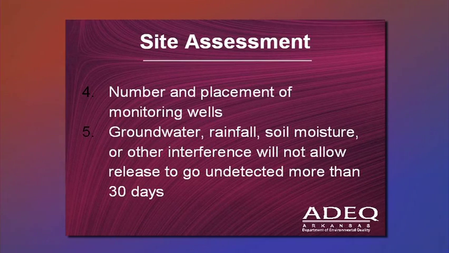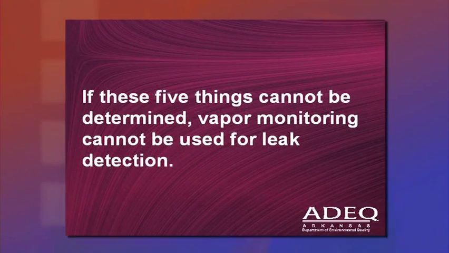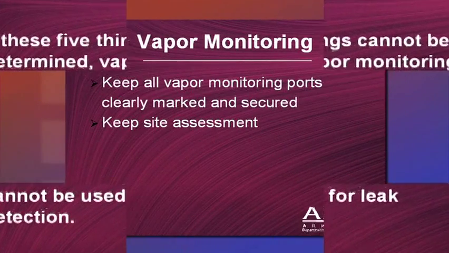But you also have to make sure that any groundwater, rainfall, soil moisture, or other interference will not allow a release to go undetected for longer than 30 days. If you can't do all of these 5 things, you cannot do vapor monitoring for release detection. So, 5 little hoops you have to jump through.